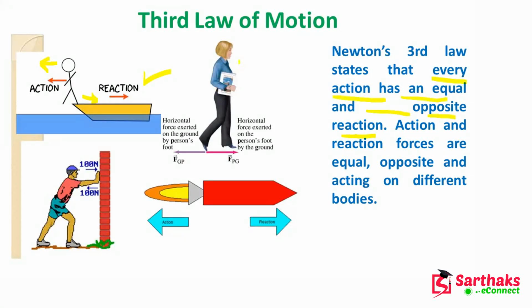Like this lady, whenever she is walking, she is giving some force towards the ground, and the ground is also exerting some force on the foot of the lady. So here Newton's third law has been applied. Action has an equal and opposite reaction.